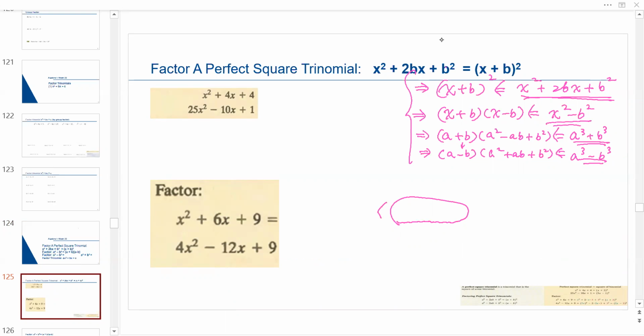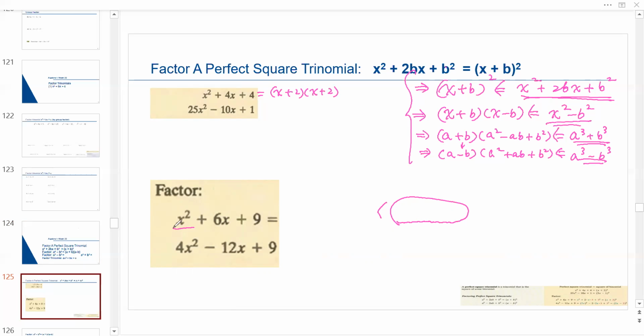Like this one: x squared plus 4x plus 4. This is just like what we learned last week. We can factor 4 into 2 times 2. The product of 2 and 2 is 4, and the sum of 2 and 2 is 4 as well, so they match up.